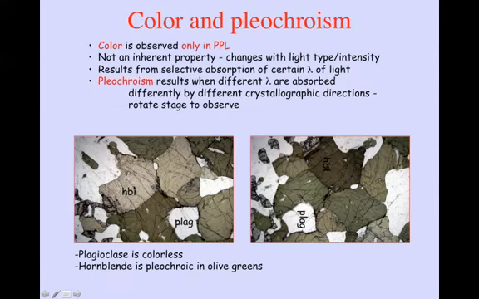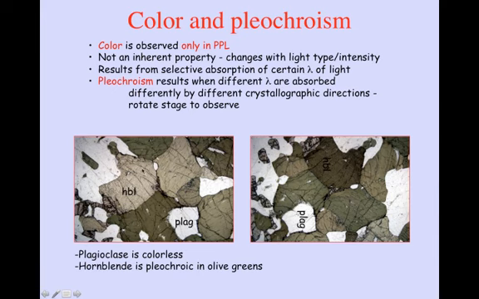In this case, on the left, we have hornblende in browns and greenish browns, and plagioclase that is colorless. If you rotate the stage, and the right-hand image is rotated by about 90 degrees, you'll see that the color of this grain of hornblende changes from light brown to a dark brownish green.